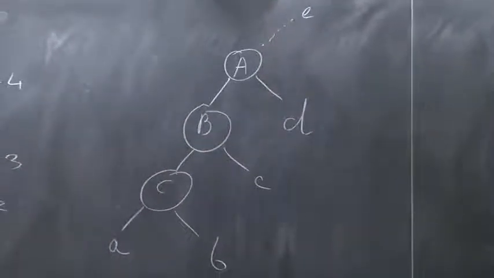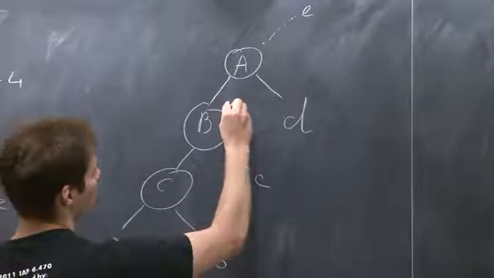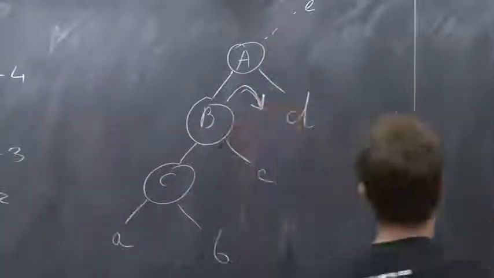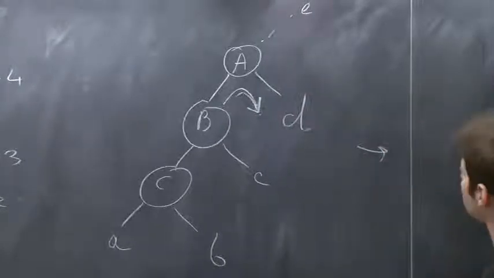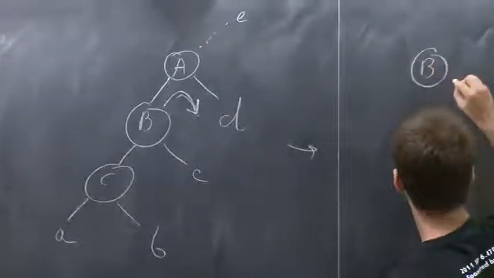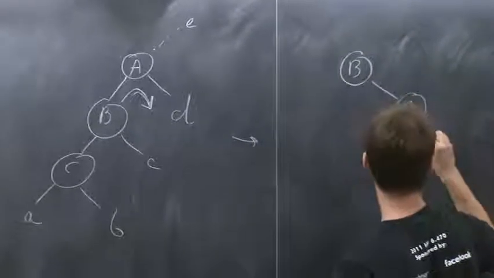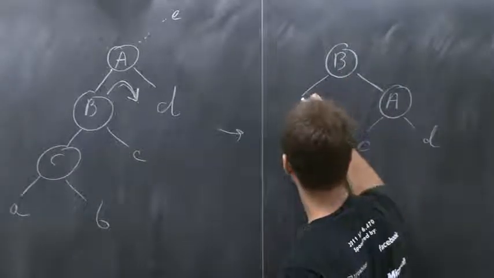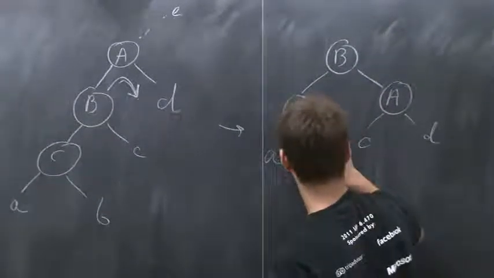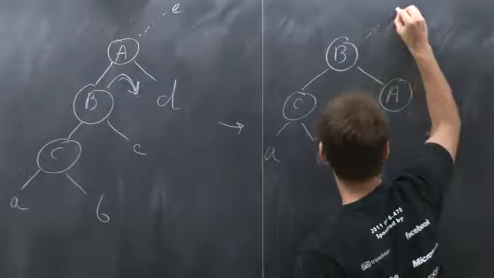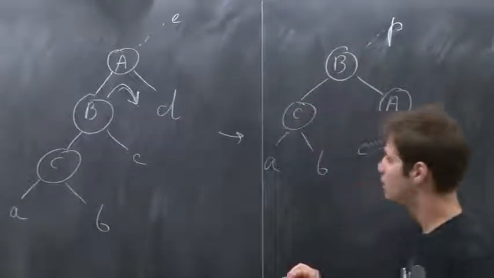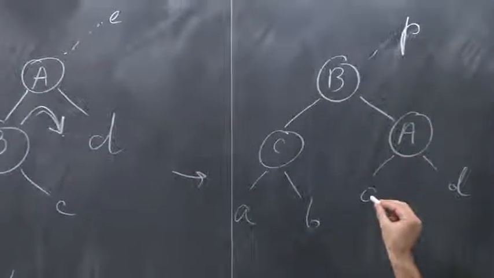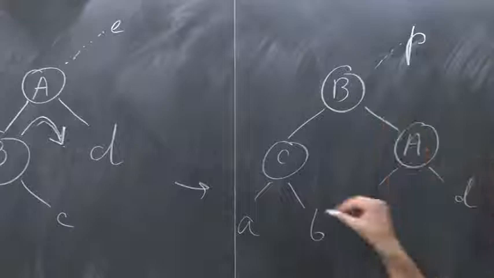If I want to do a right rotate here, so if I want to rotate the tree like this, then after rotating, it's going to look like this. B, A. Notice that C got moved from B to A, but it got moved in such a way that the whole thing is still a BST.